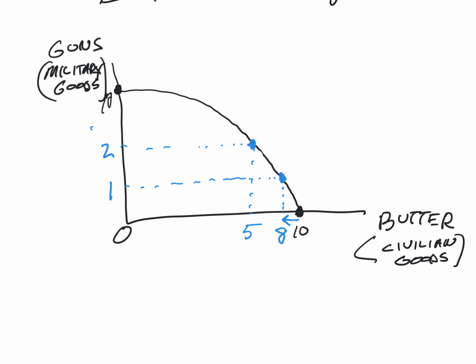So the low-hanging fruit principle, which has a lot of names, increasing opportunity cost, low-hanging fruit, simply says you pick the low-hanging fruit first. And therefore, since you're choosing the best resources for producing guns and the least good resources for producing butter, you transfer those over first. You don't have to give up so much butter to produce that first unit of guns.